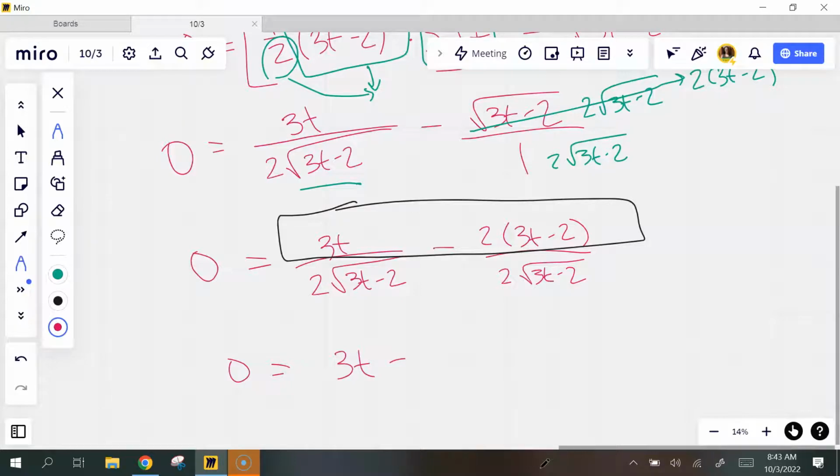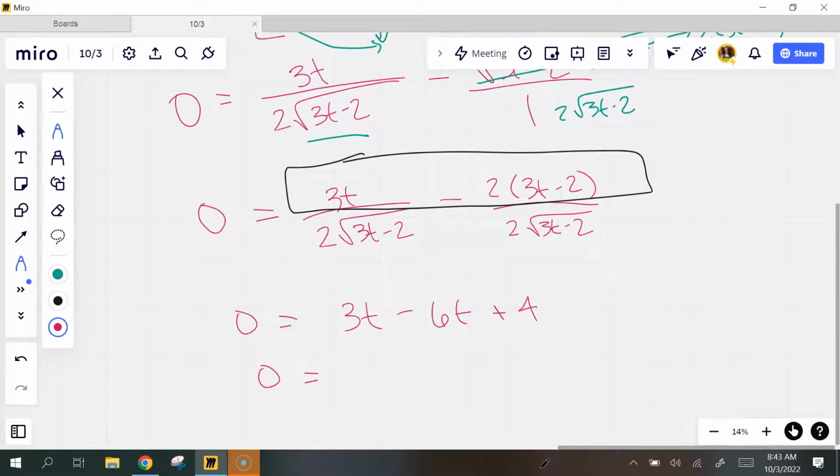I'll distribute a -2 through here, so 6t plus 4. Oh my gosh, please be what I got the first time. No, it's supposed to be 4/5.